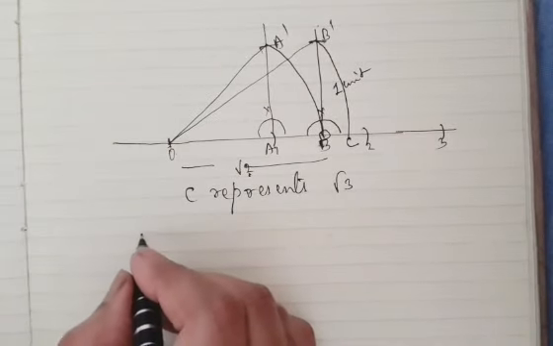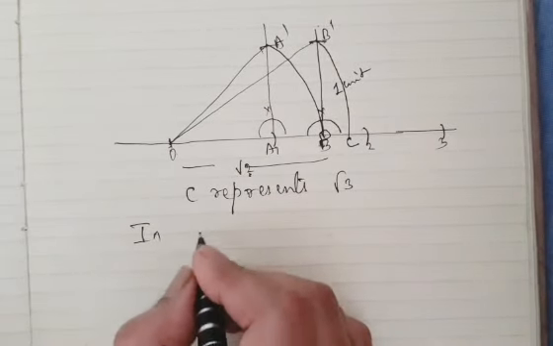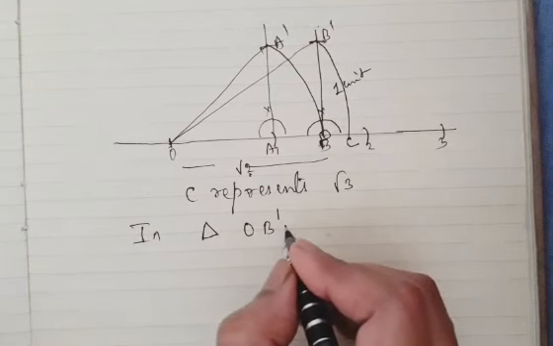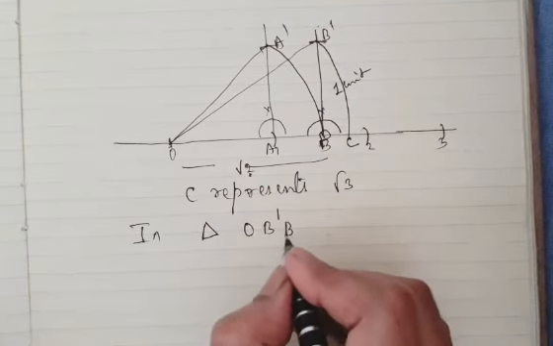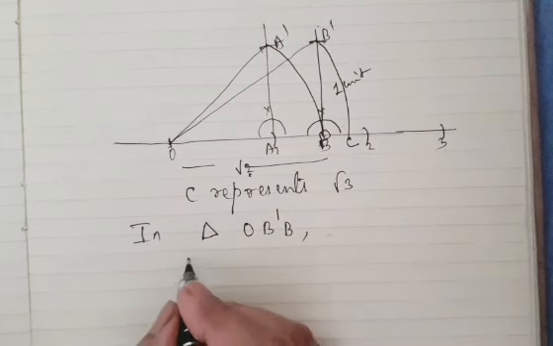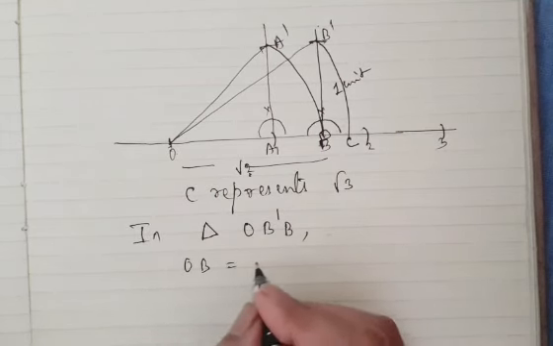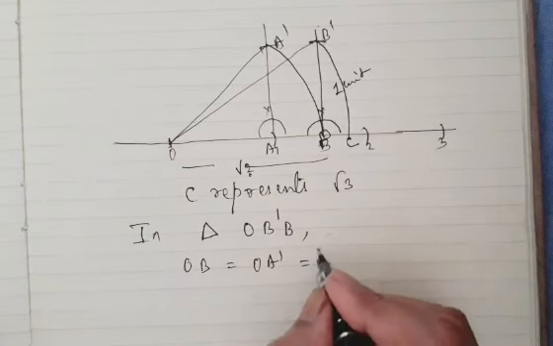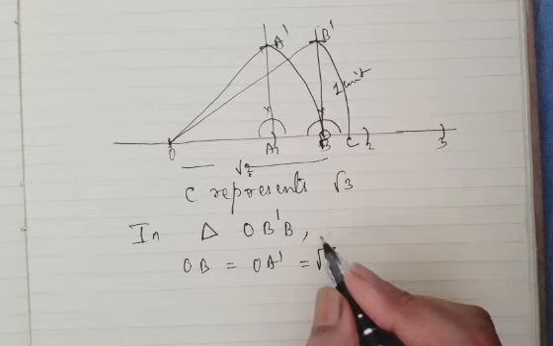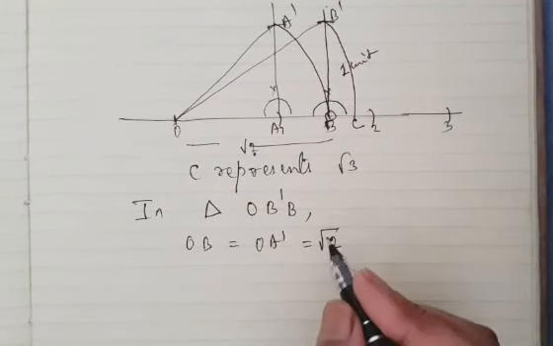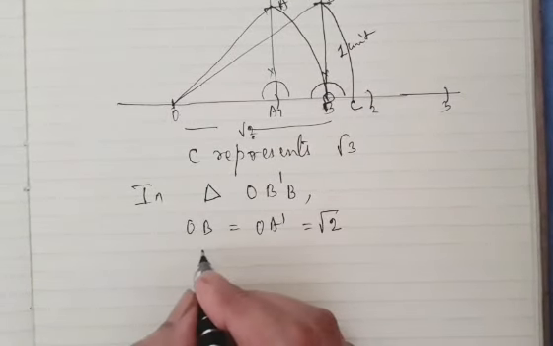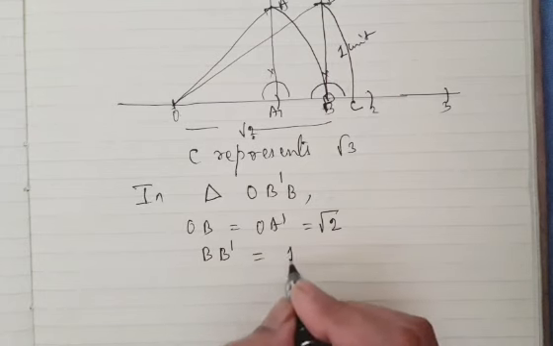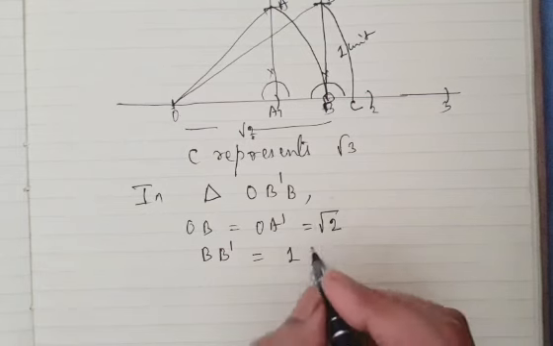Here you can justify like this: in triangle OBB dash, OB is equal to OA dash, which equals root 2 unit length. That I have already explained in the previous construction. Then BB dash is equal to 1 unit length.